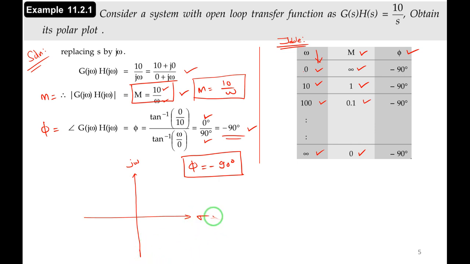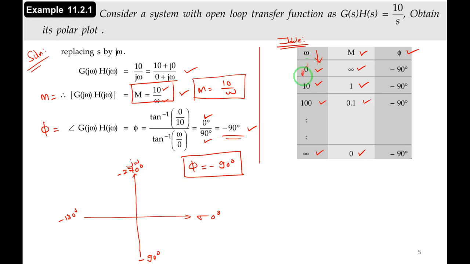This is 0 degree, this is minus 90, then minus 180, then minus 270 degree. So we measure the angles in the clockwise direction, and angles measured clockwise are negative. Now you are ready.